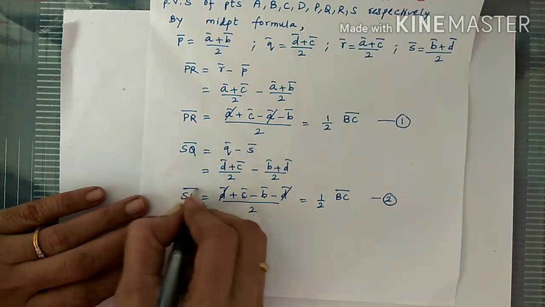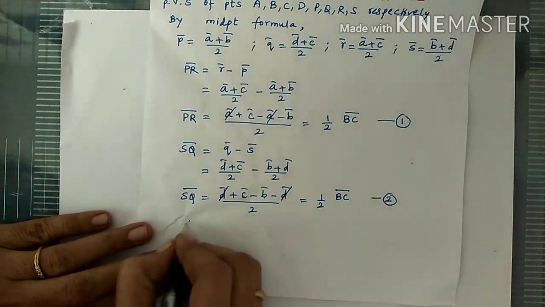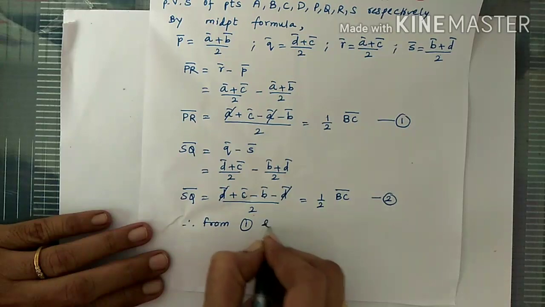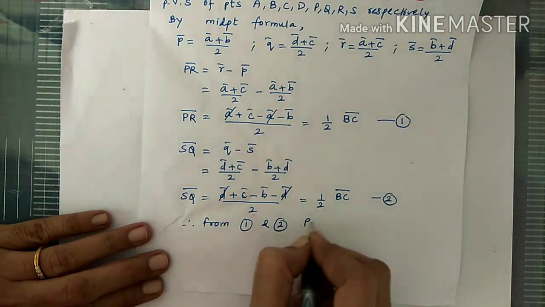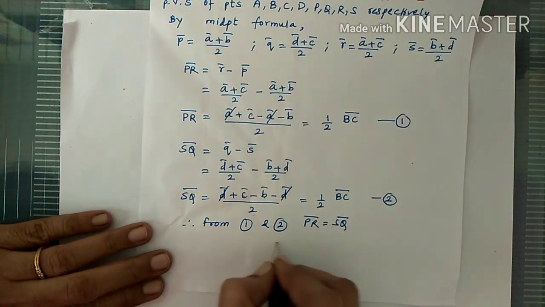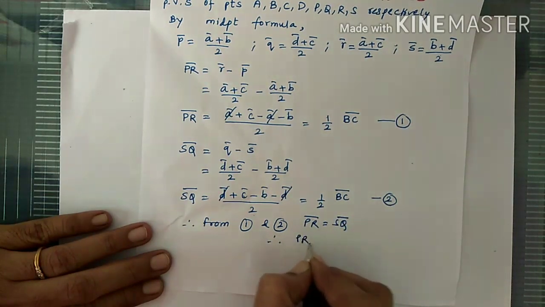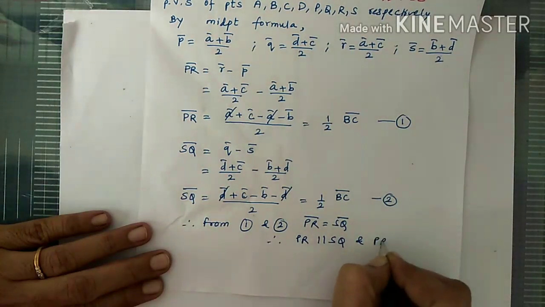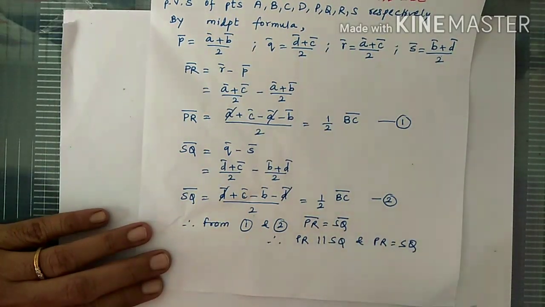So we have started with SQ bar. Therefore, from 1 and 2, we have PR bar equal to SQ bar. Therefore, PR parallel to SQ and PR equal to SQ.